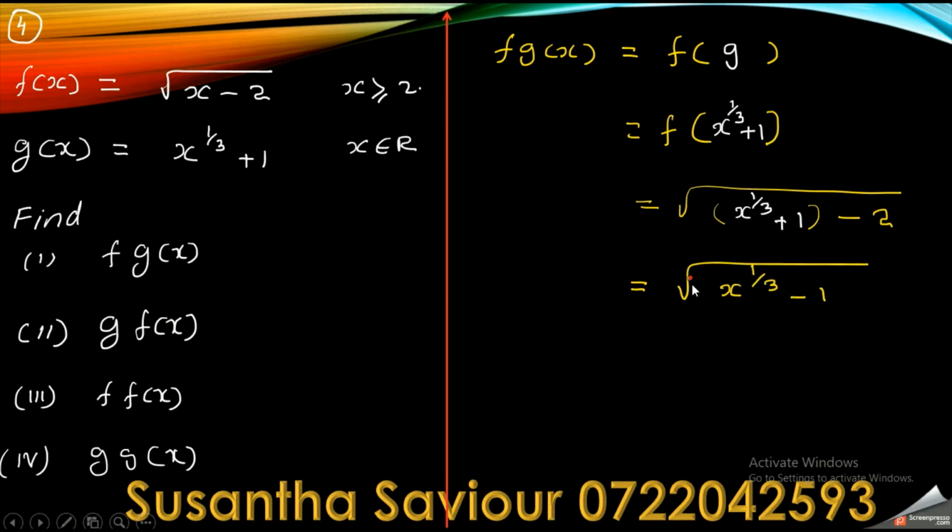So this can be simplified as x to the power 1/3 minus 1. Okay, so x is always greater than 2, therefore this is okay, right.